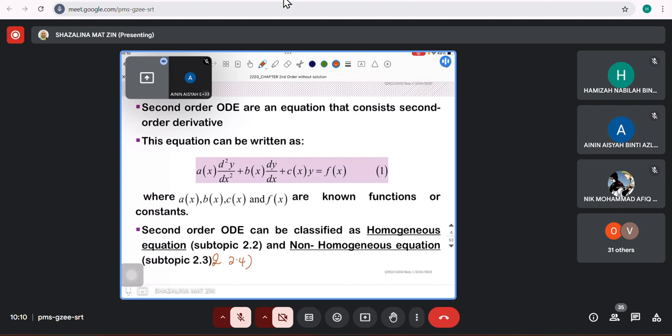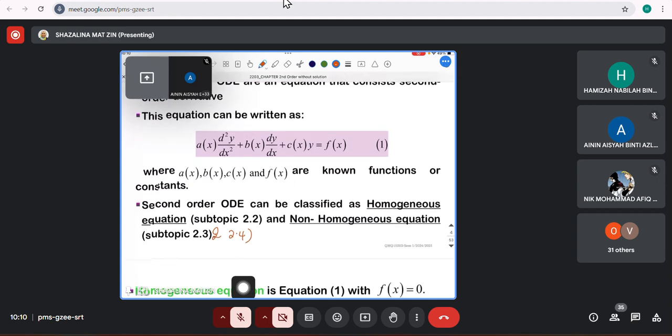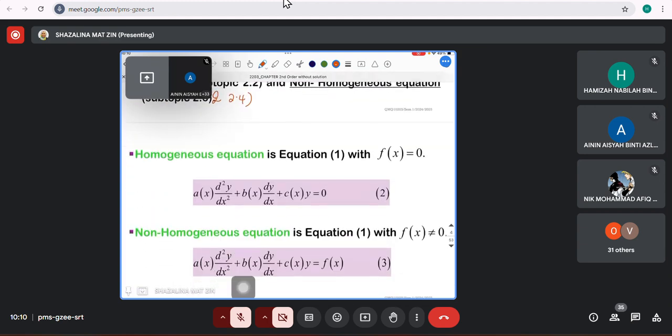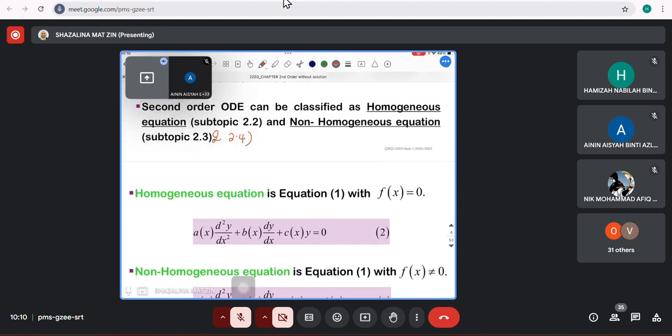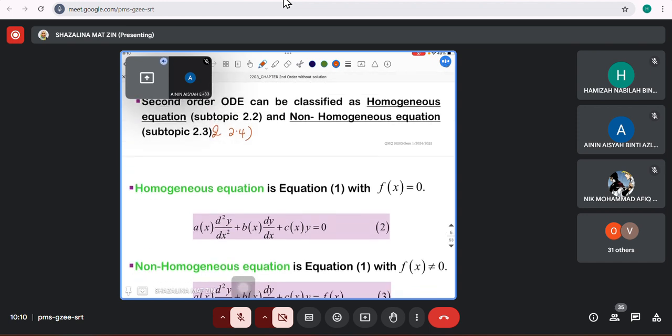Okay, kita ada dua method of solution for this semester. Non-homogeneous equation 2.3, method of undetermined coefficient. 2.4 is method of variation of parameters. Okay, now we want to look further at how to classify homogeneous equation and non-homogeneous equation.